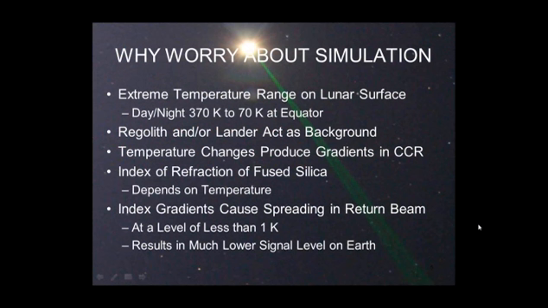The index of refraction of fused silica depends upon the temperature, and so these gradients in the temperature cause gradients in the index of refraction, which in turn cause spreading of the beam when it comes back to Earth instead of being focused back on the observatory which sent out the laser. The requirements on this are less than 1 degree Kelvin, actually down around 0.2 degree Kelvin. Otherwise, we get much lower signal level on the Earth.